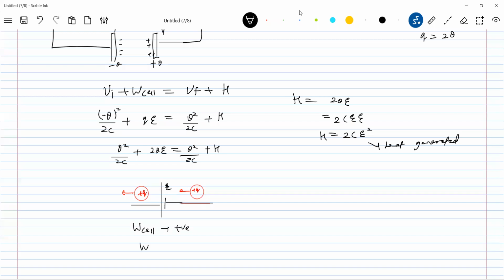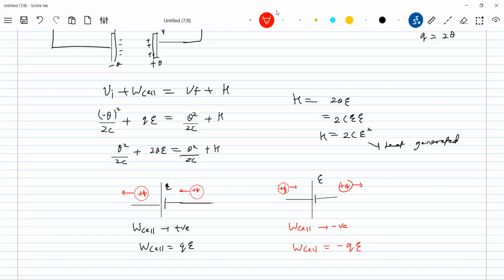Then how much is it equal to? Charge into E. Similarly, if a positive charge enters the positive terminal, then work done by the cell is negative. Then work done by the cell should be minus of Q into E.